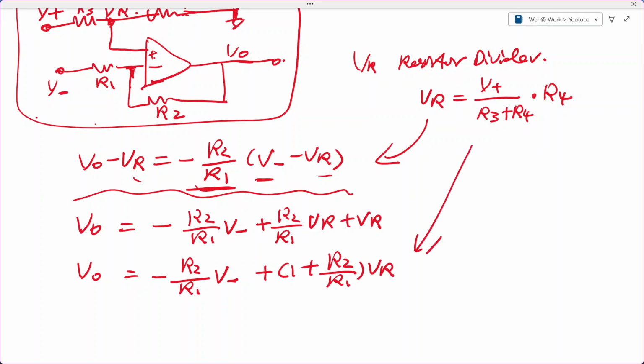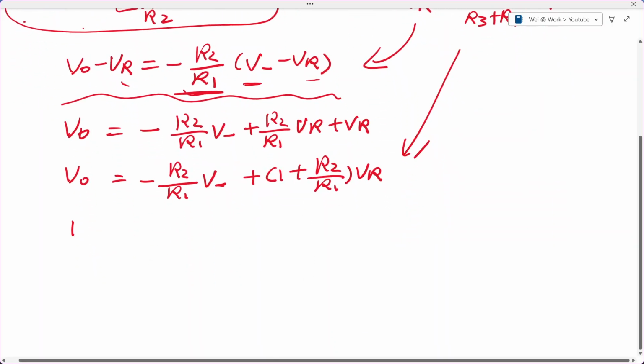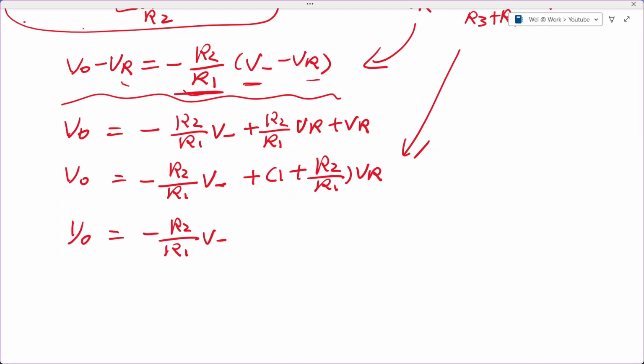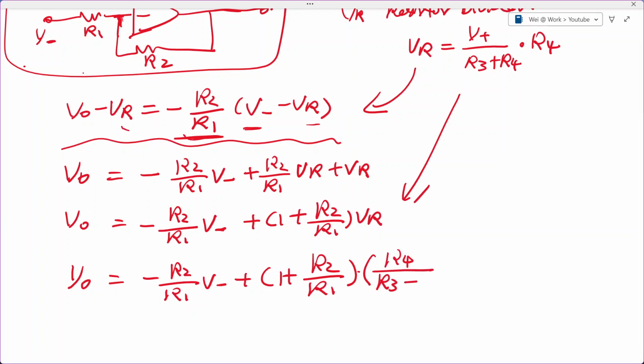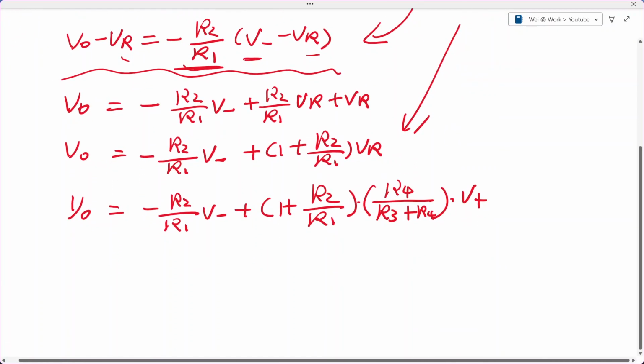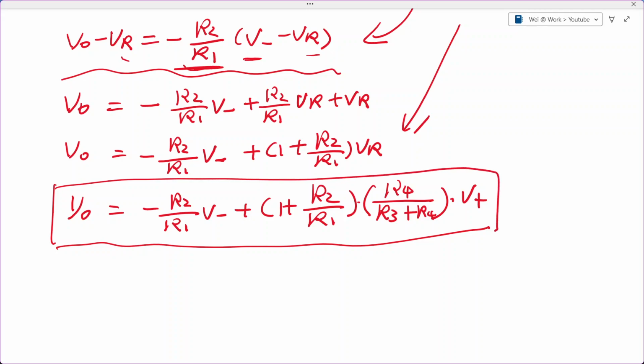Now let's plug VR into here. So V out equals minus R2 over R1 times V minus, plus 1 plus R2 over R1 times R4 over R3 plus R4 times V plus.